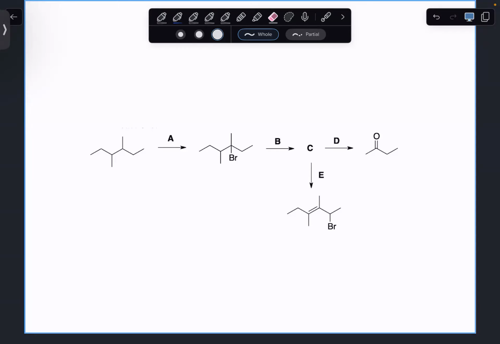Now, in a reaction map, there's no rule that says you have to start at the beginning and work your way to the end. You can start anywhere you want. In this particular example, it's not too bad. You could probably start at the beginning pretty straightforwardly.